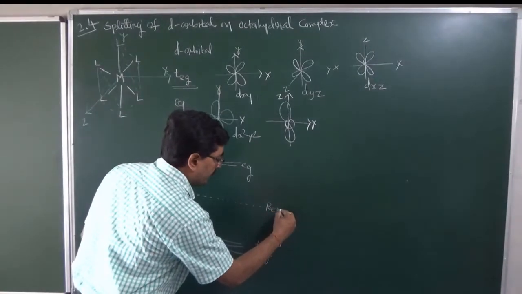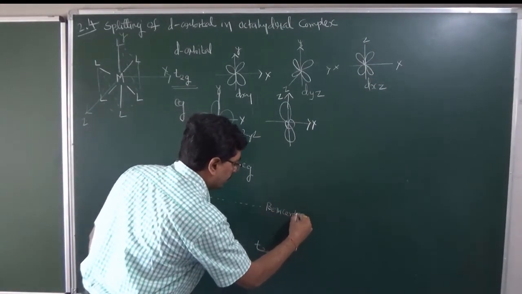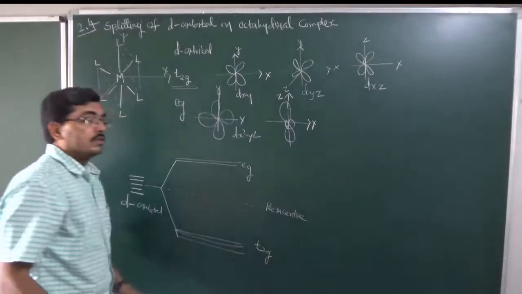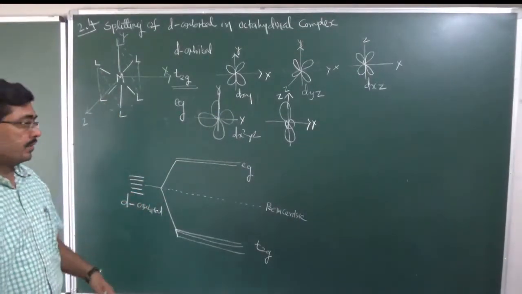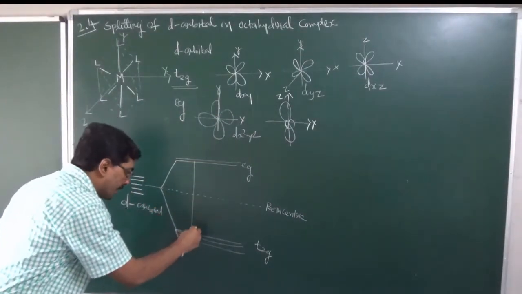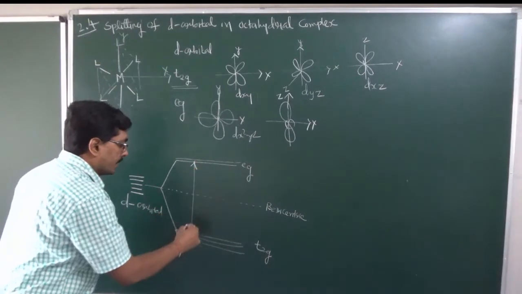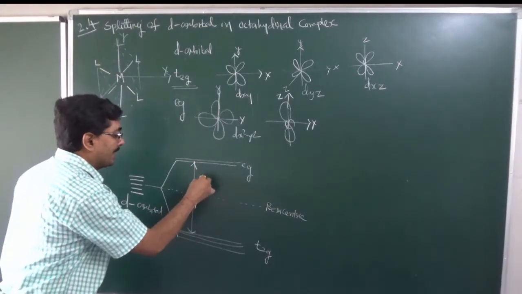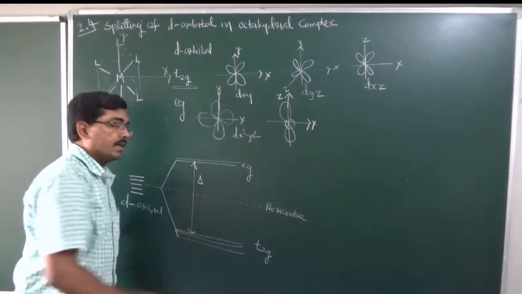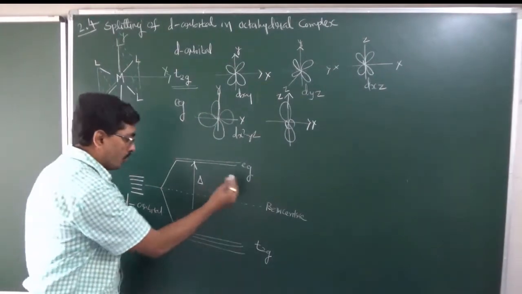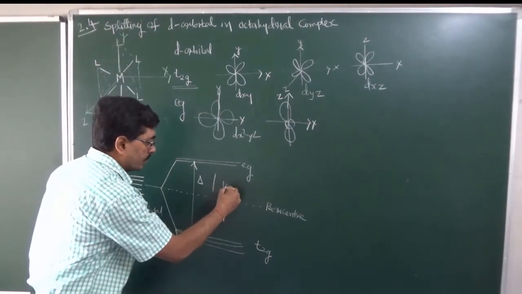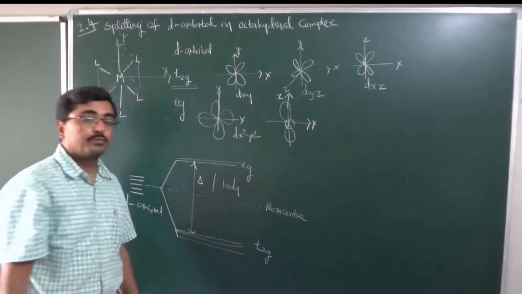The average energy level is known as the Barycenter. Now the difference in energy of T2g and Eg orbitals is known as the crystal field splitting energy. It is given by the symbol delta or 10 Dq.